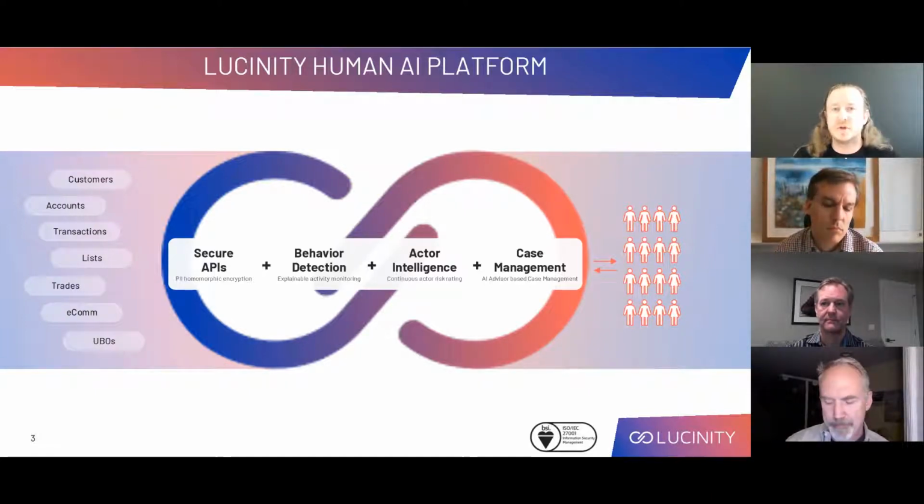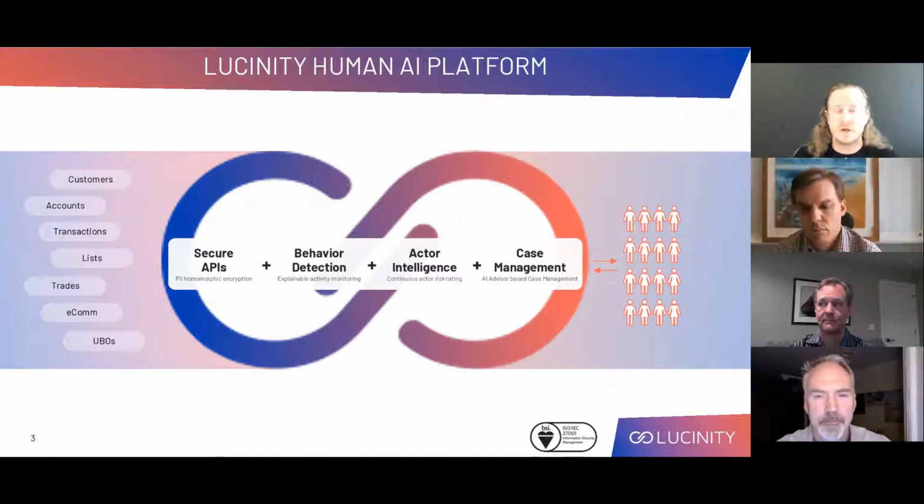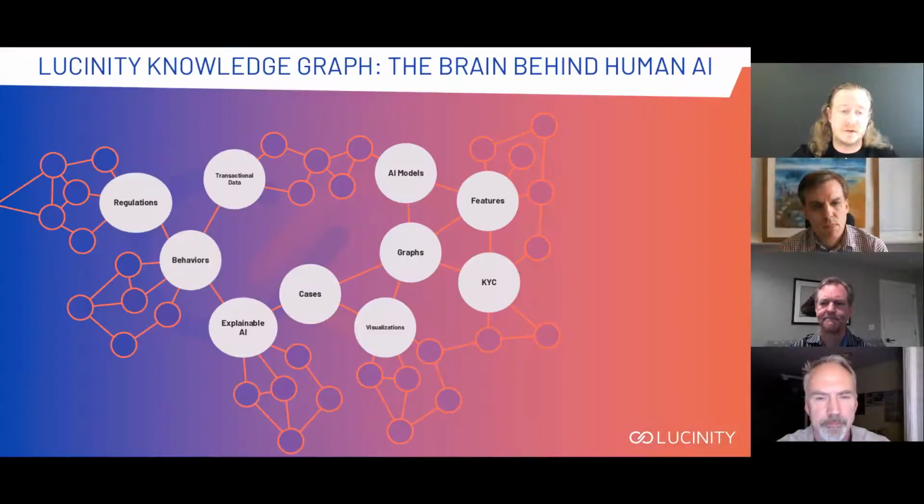And using graphs to actually show money laundering networks and to show illicit actors, this is what really helps them complete their job correctly, efficiently, and productively. And ultimately, everyone together works well, and we can stop money laundering. So at Lucinity, we're really founded on this principle that graphs are the future.